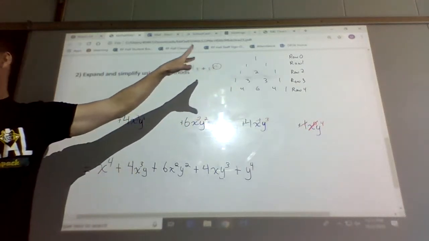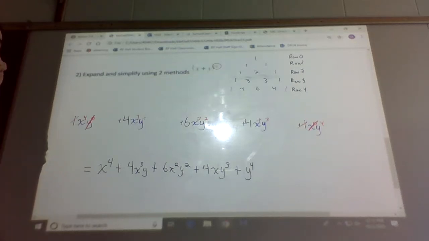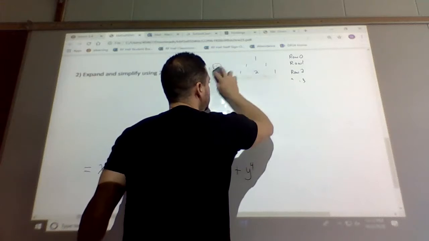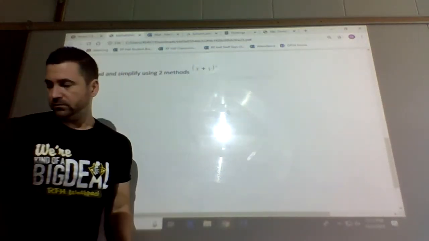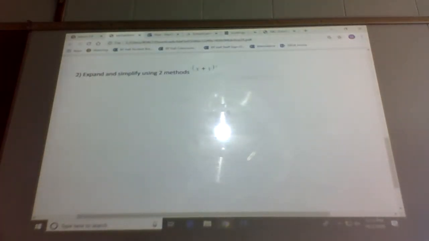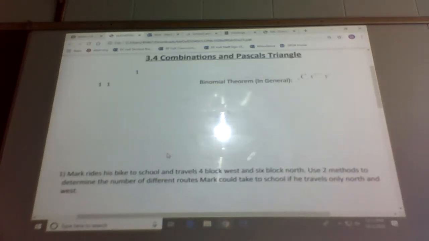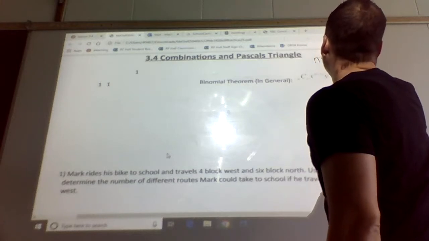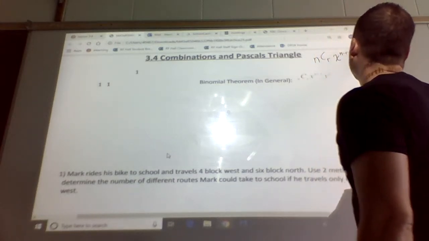Now we're going to do expanding using the binomial theorem. So I'm just going to write it out here: nCr x to the n minus r, y to the power of r.